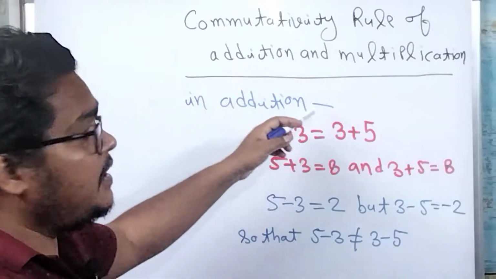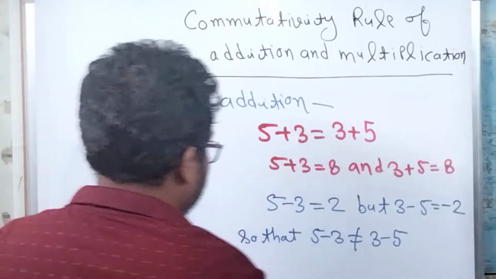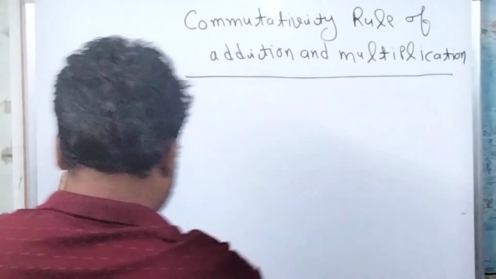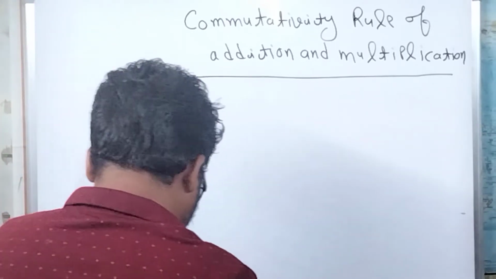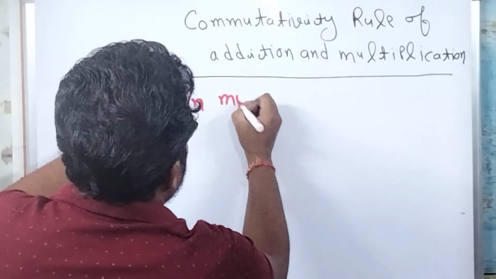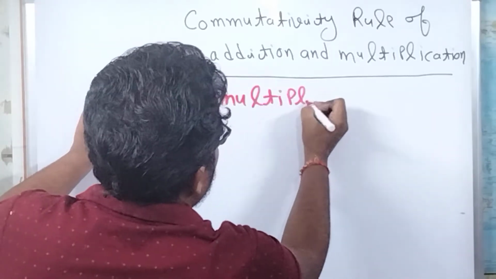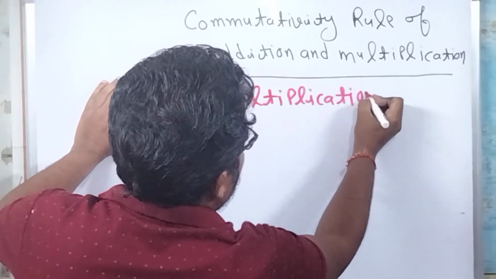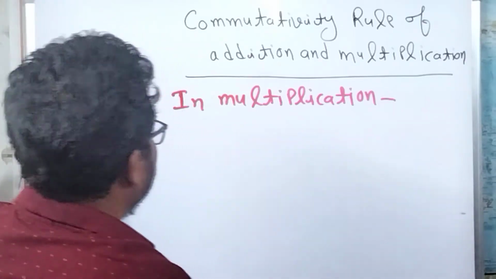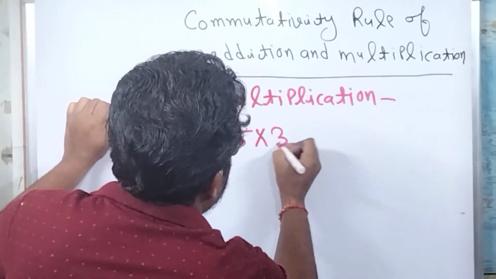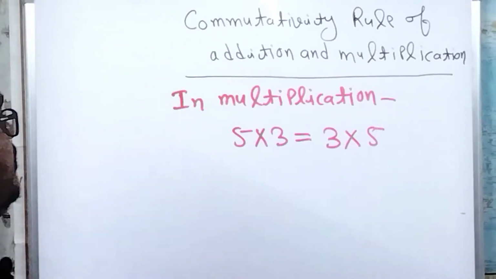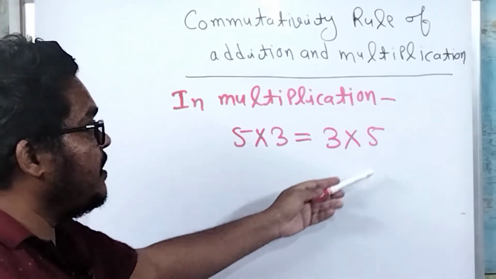And next we see multiplication. In the multiplication rule of commutativity, 5 multiplied by 3 is equal to 3 multiplied by 5.